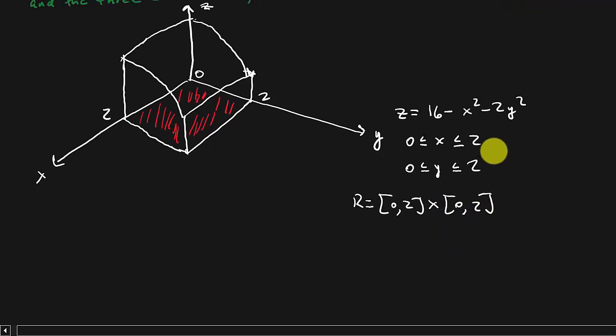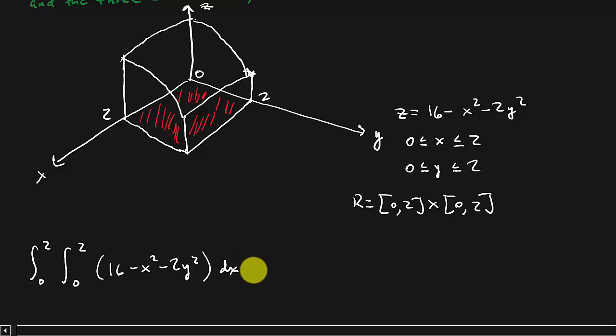All right, so let's go ahead and see what we get here. And so we're going 0 to 2, 0 to 2 of 16 minus x squared minus 2y squared, and we've got dx dy. And so there you go.